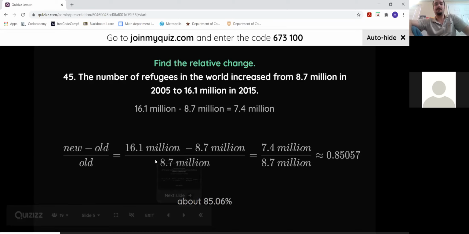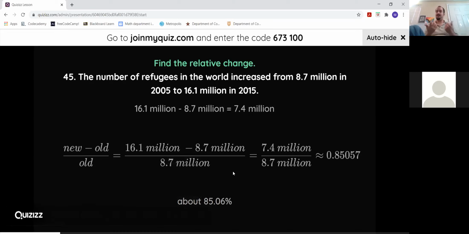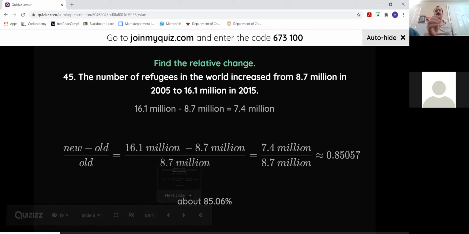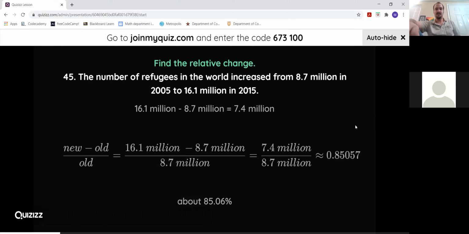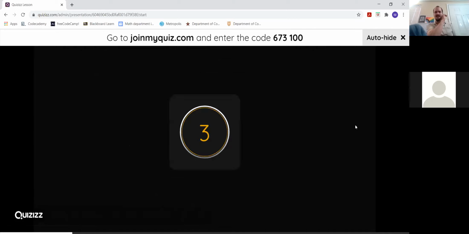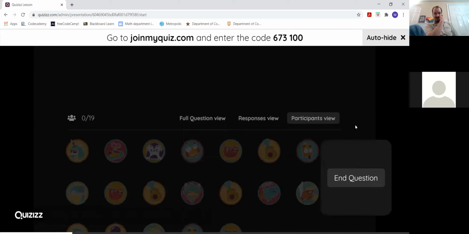So when we divide the two numbers, we should be getting something like 0.85. You can round that to 0.8506. Questions about this? So absolute and relative change can go up, and I've kind of hinted at it, but it can also go the other way, right?